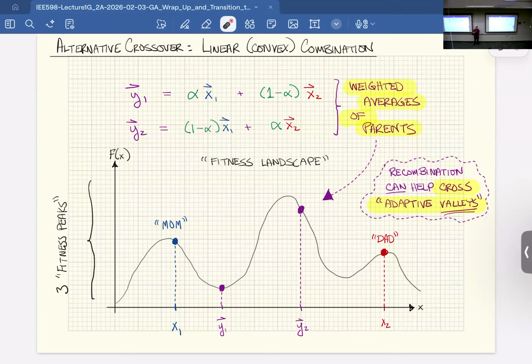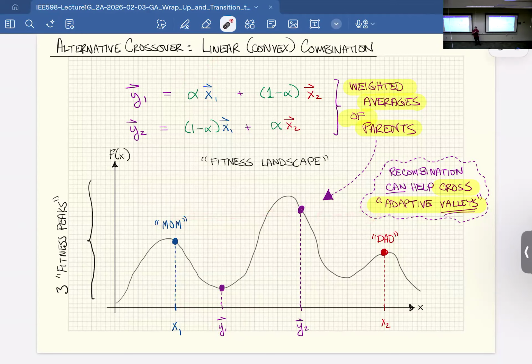If I look at the weighted average of X1 and X2, if I'm at the 75%, let's say this is 75%, then Y1 will be more like X1. So that means that I might be here because this is more like X1 than X2. But Y2 might be more like X2 than X1.